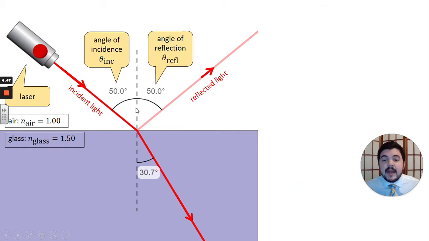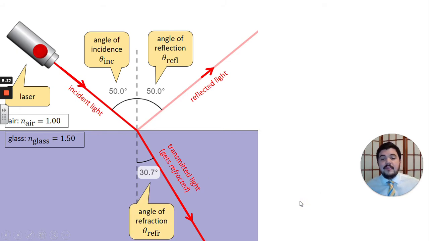And we call this bouncing angle the angle of reflection, theta subscript REFL. And then this is our transmitted light. It transmits through into the glass. It passes through. That transmitted light does get refracted, and we call this 30.7 degree angle the angle of refraction.